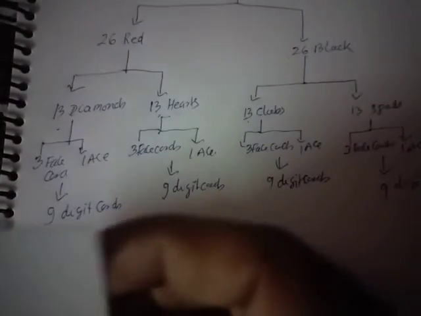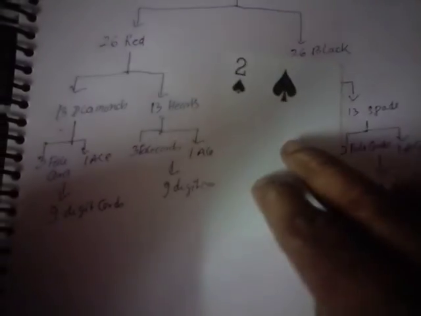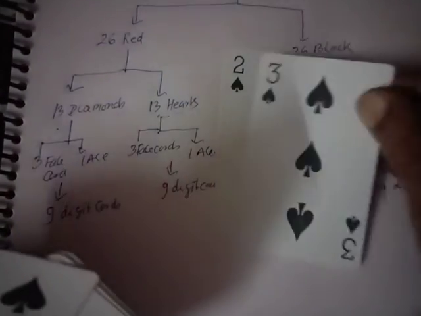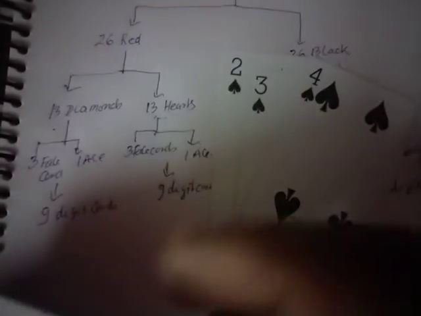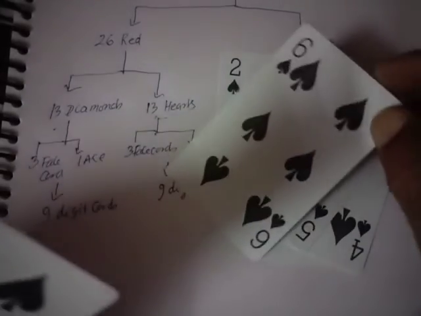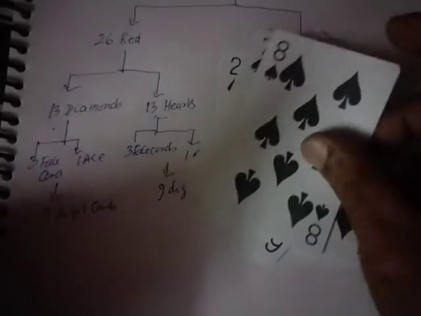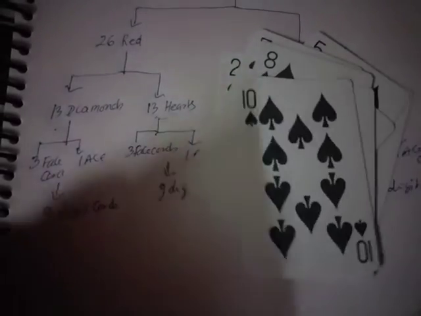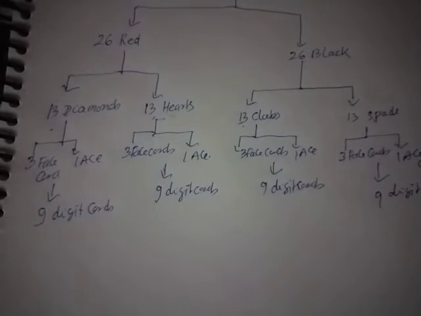Okay. Now the digit cards of spade, 8, 9, 10. 9 digit cards. Okay.